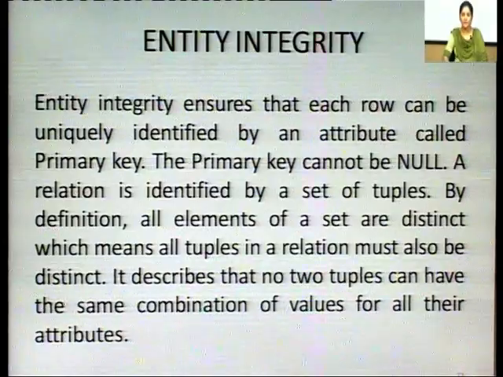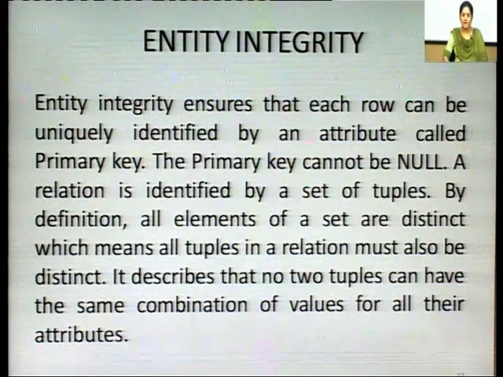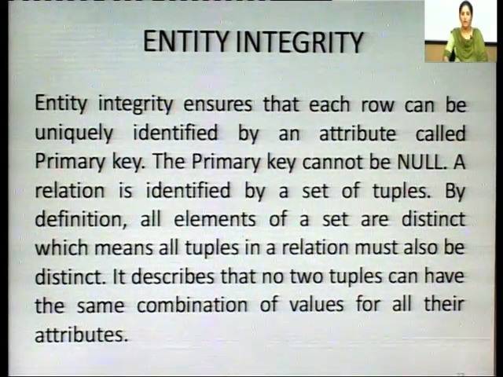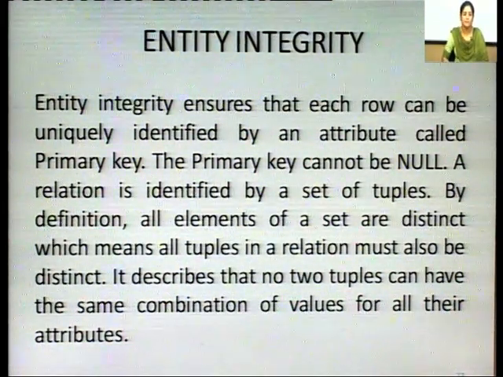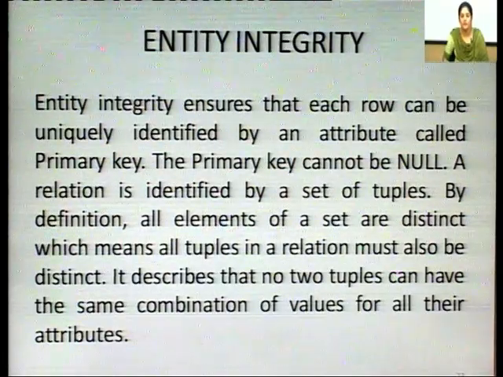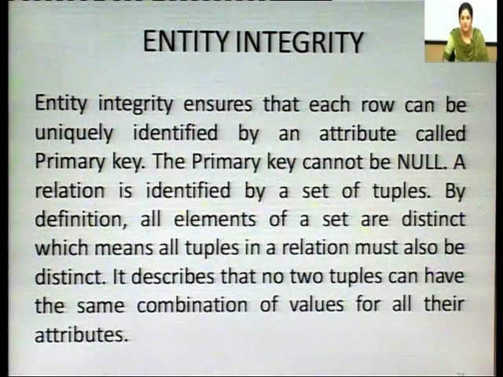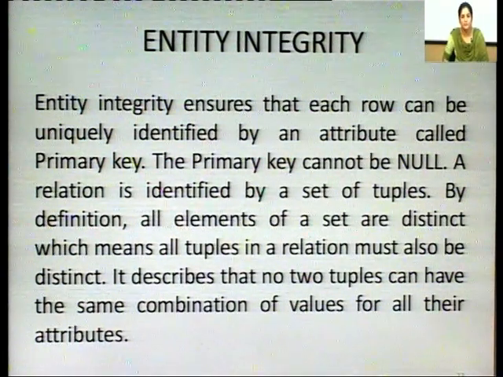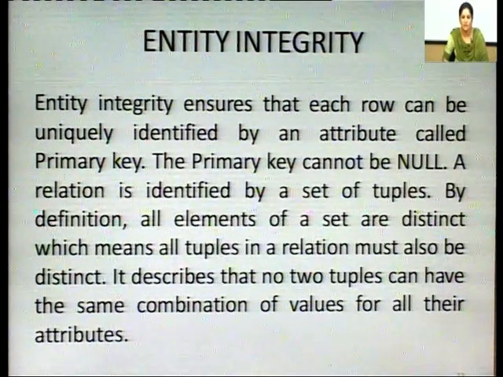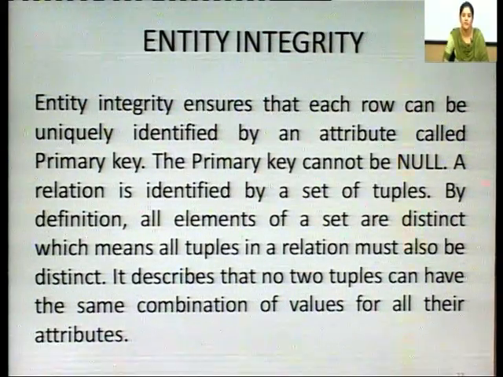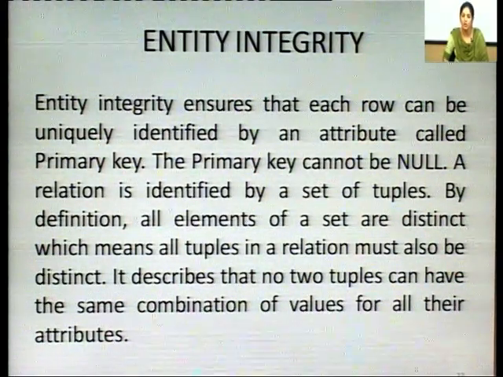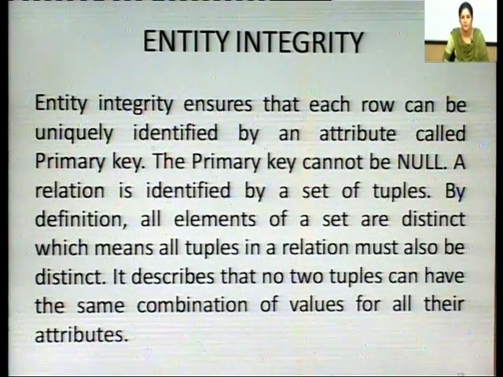By definition, all the elements of a set are distinct, which means all tuples in a relation must also be distinct. For example, no two students should have the same roll number. So by having that definition, we can say all the tuples of the database should have their own primary keys and no two tuples will have the same primary key.